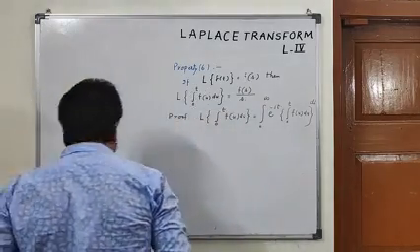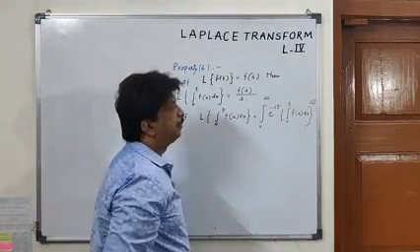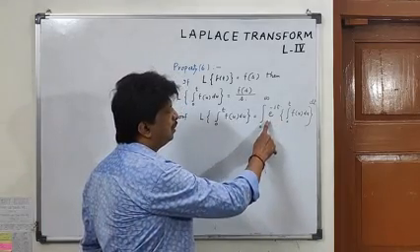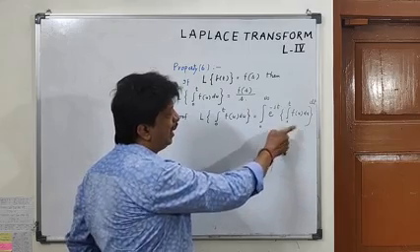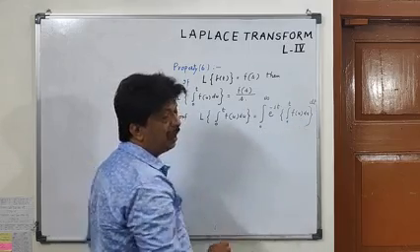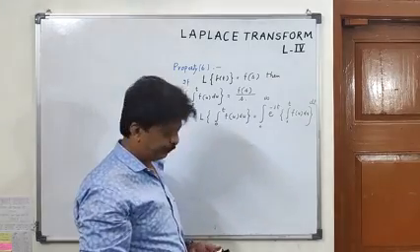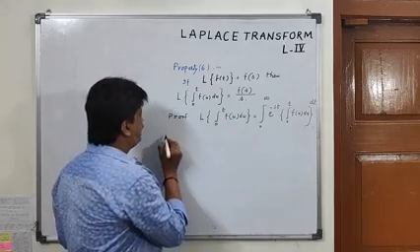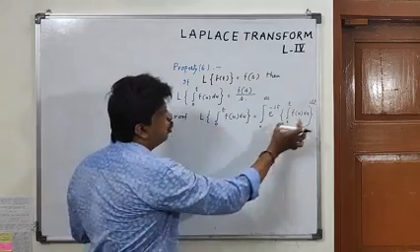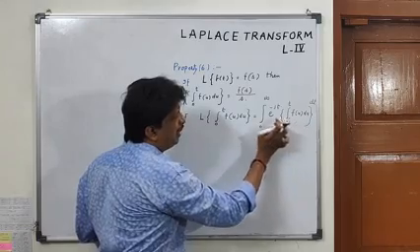Now how to integrate this? One of the functions is exponential e raised to power minus st, and another function is this integral 0 to t f of u du. So we shall integrate this by parts, choosing this function as the first function and this is the second.